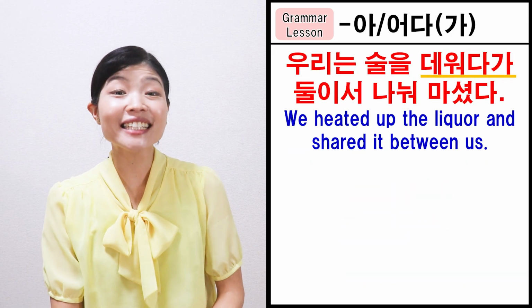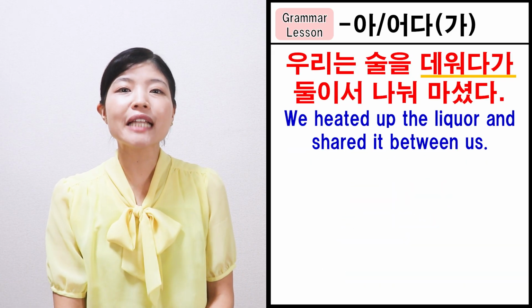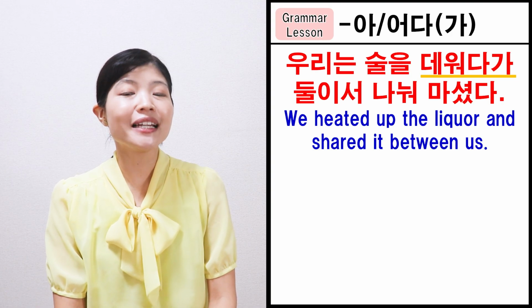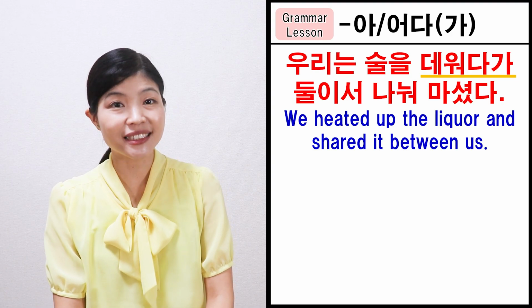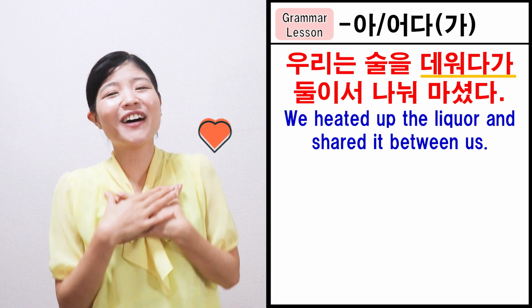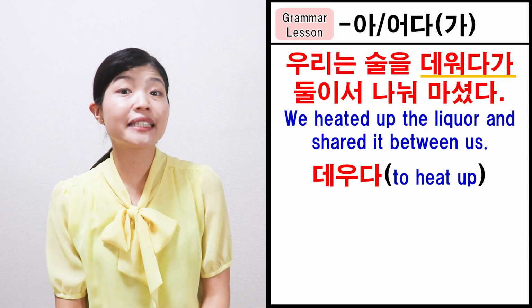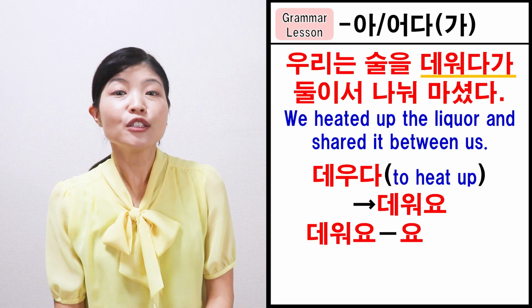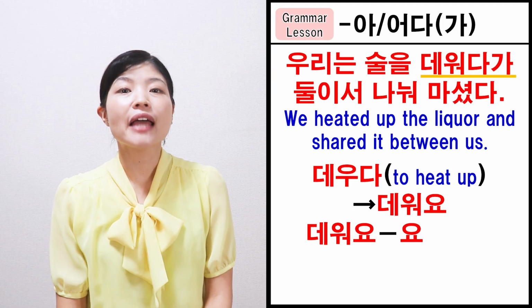Then let's look at the next example. 우리는 술을 데워다가 둘이서 나눠 마셨다. We heated up the liquor and shared it between us. This is a heartwarming example. I like it. 좋아, 좋아. Here, 태우다 means to heat up. The 요 form of 태우다 is 태워요. So you remove 요 to make 태워.